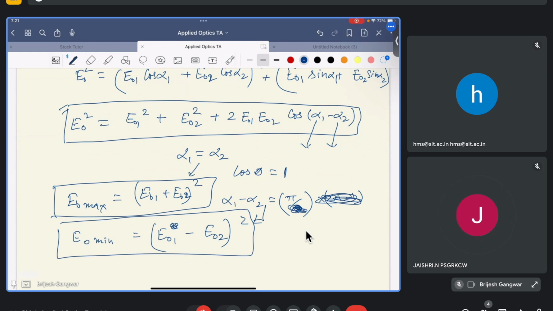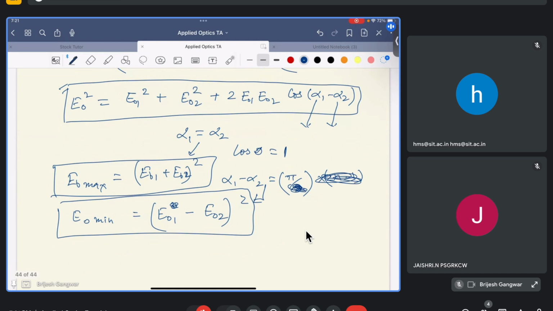Yes, sir. Yeah. So as you read about the interference term, this is our maxima and this is our minima. That's why we say that for interference they should be in the same phase. Then there will be an interference pattern like Young's double slit. Here they have the same path difference, and here there is a phase difference of pi, so the minima.